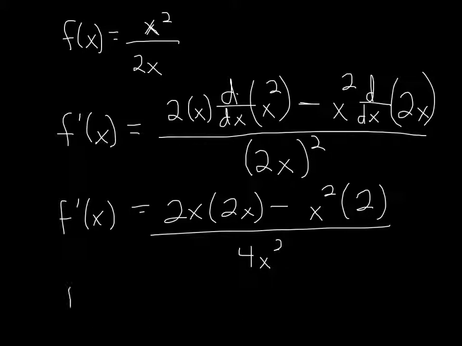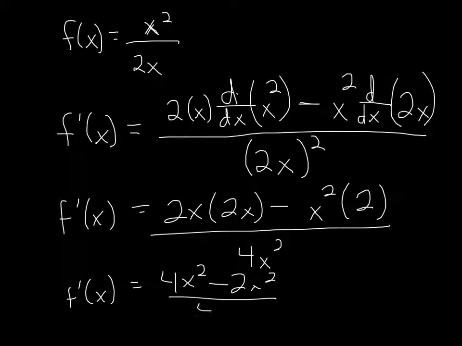I can multiply this out a little bit more. F prime of x is going to be 4x squared minus 2x squared, all divided by 4x squared. And I can simplify this even more to find 2x squared divided by 4x squared. And I get my final derivative answer is equal to 1/2.